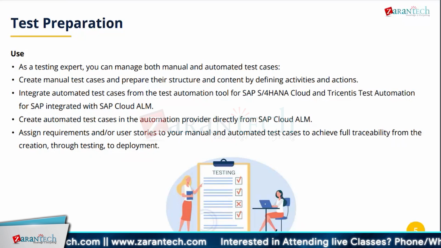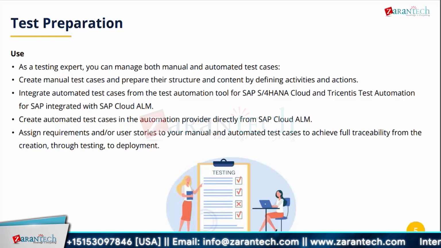Also, as I had mentioned earlier, it gives you the option to relate your test cases and test plans to a requirement or a user story, to achieve traceability. In the sense that you want to see, okay, for this requirement, what is the status of the test case, or for that matter, the test plan. You could create a test plan for a complete business process, which includes multiple test cases.